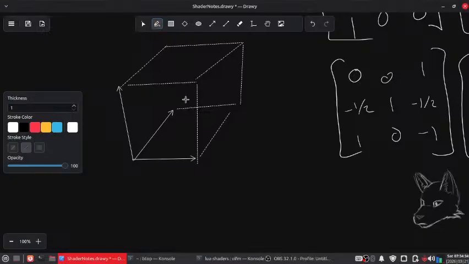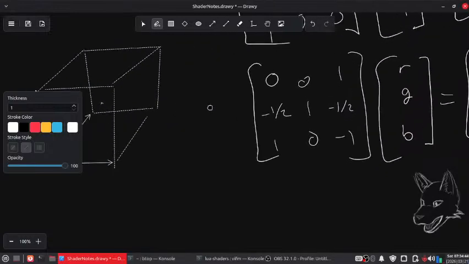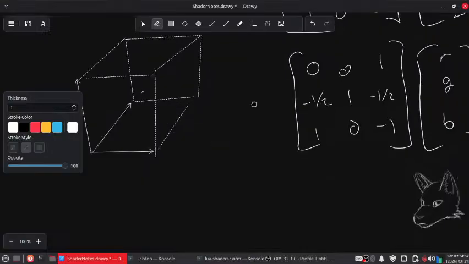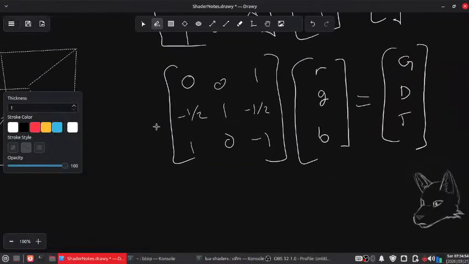From here, what we're saying is red is 0 GDT, 0 gradient.